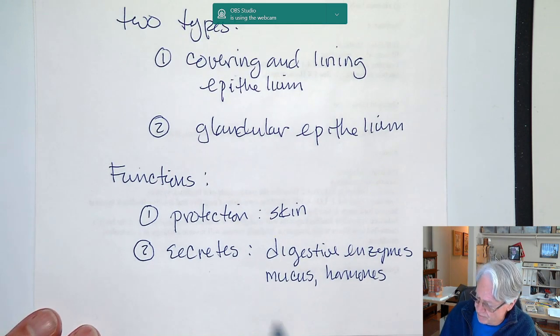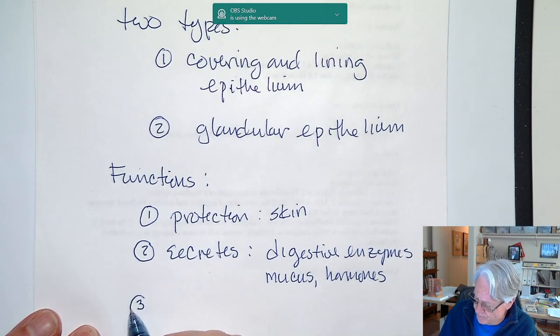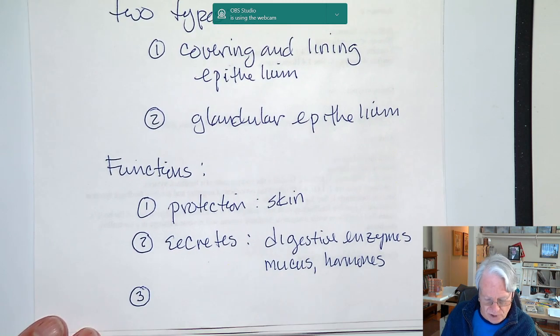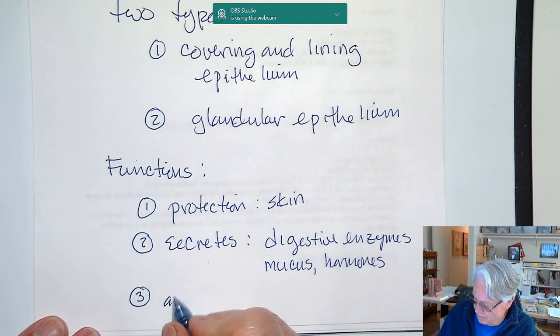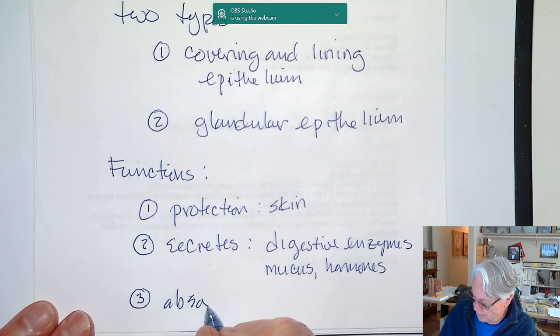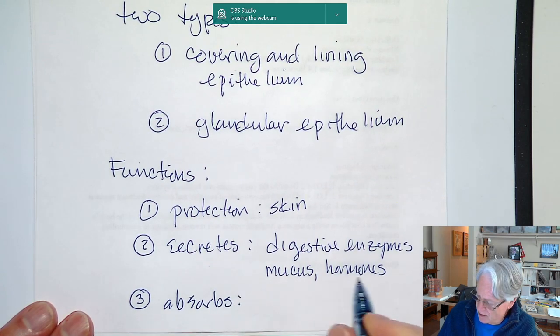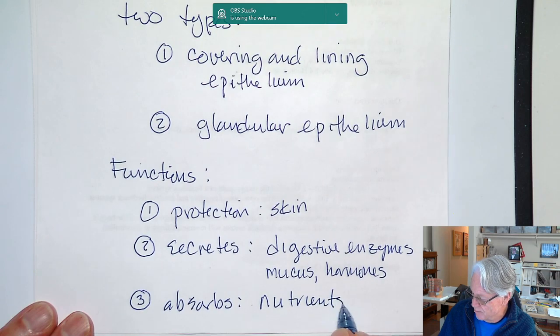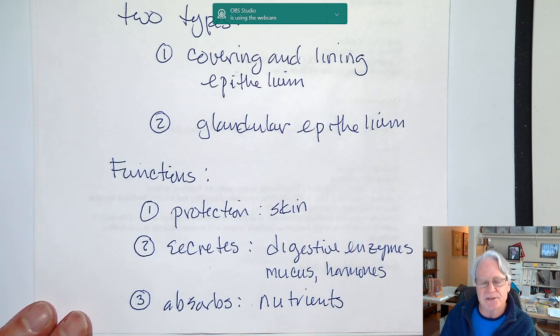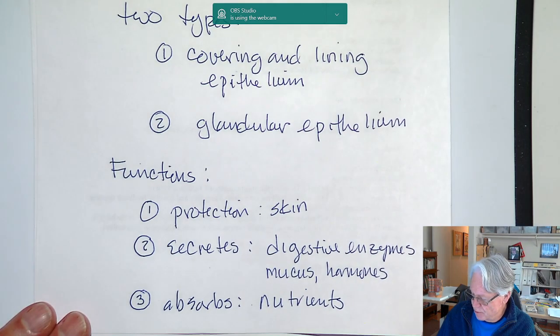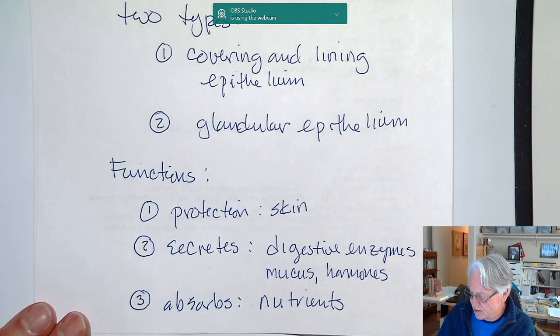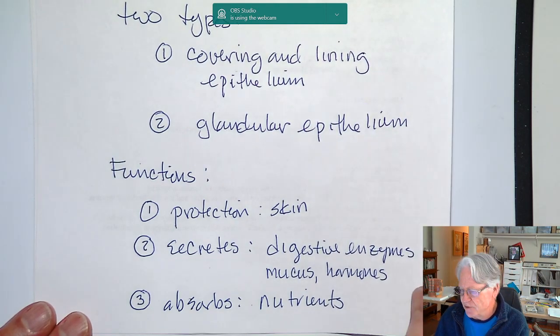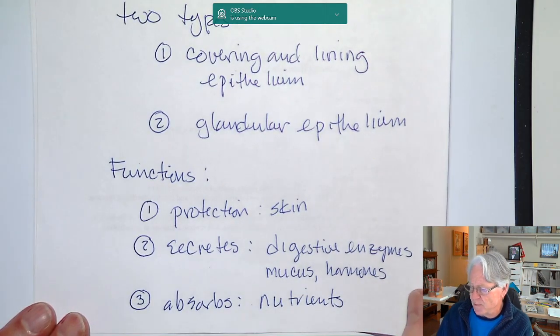So secretion. Number 3, absorption. And we can talk about here nutrients from your meal, ions, minerals, glucose, all of that. And that, of course, would be taking place in the digestive tract. That's the main area where we see absorption being a function of epithelial tissue.